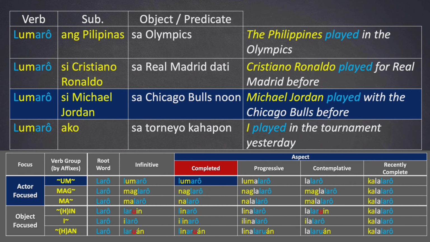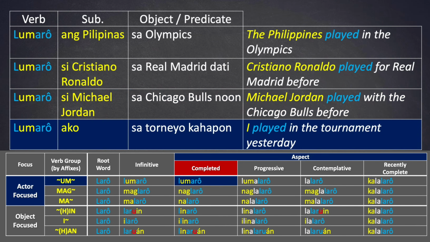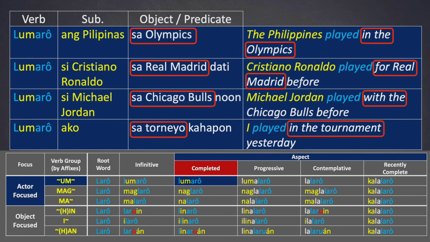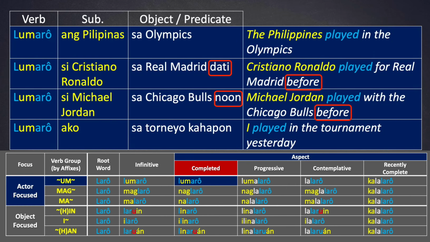Michael Jordan played with the Chicago Bulls before. Lumarô ako sa torneo kahapon. I played in the tournament yesterday. As discussed earlier, there is a slight emphasis on the object. Dati and noon mean before or some time ago.